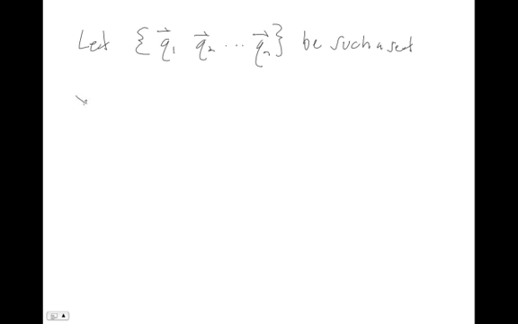I can form any x I can imagine by some linear combination of these: some alpha 1 times q1 plus some alpha 2 times q2 plus some alpha n times qn. I can come up with any x I want in Rn, and there's some set of alphas that I will be able to find. This is sort of the definition of what it means to be a basis set.